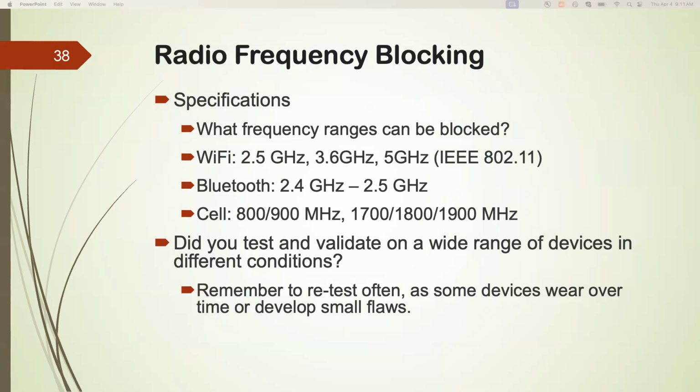But maybe in Europe or China or some other country, they are using, say, 900 or 800 megahertz. So whichever area you are in, and whatever frequency the service providers are using, make sure that you are blocking that particular frequency range.